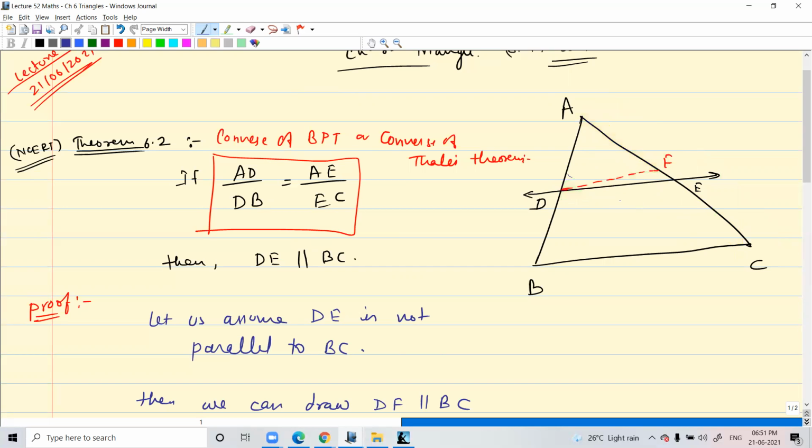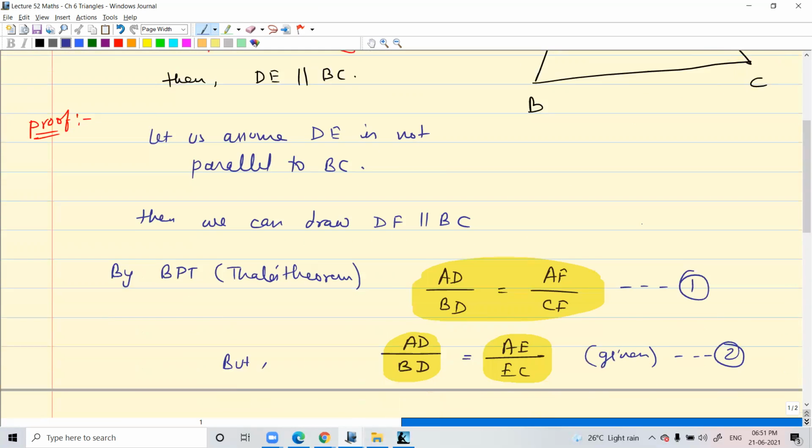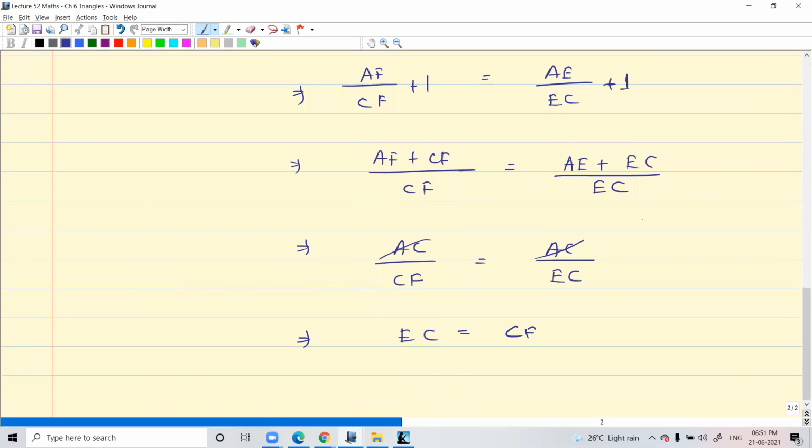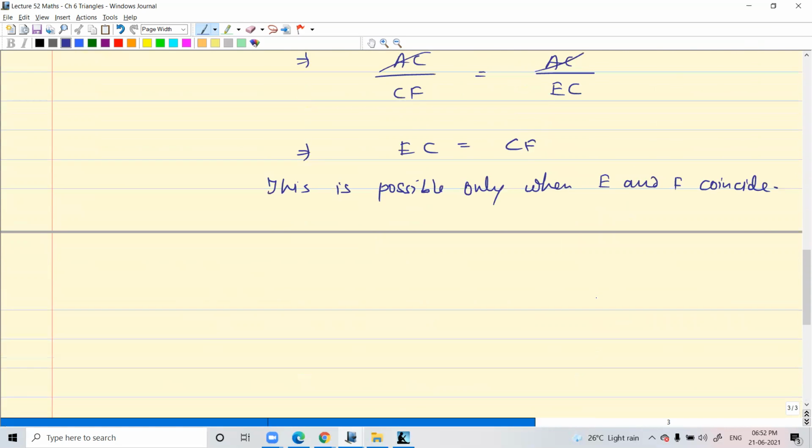All right, so that's it. We can just write down that this is possible only when E and F lie on the same point. Coincide means they are in the same place, one on top of the other.